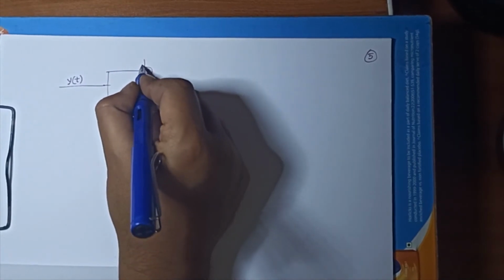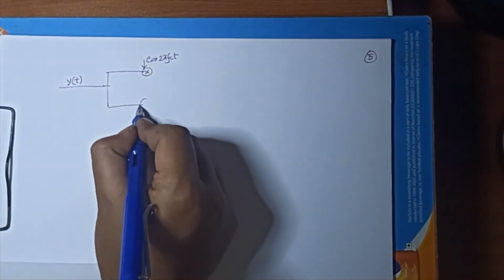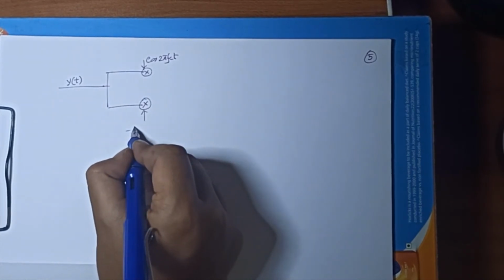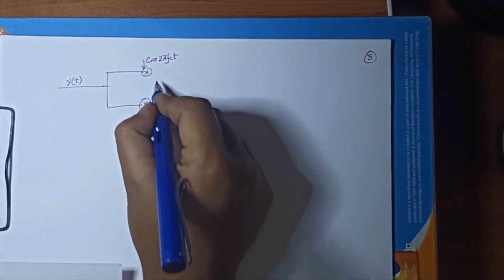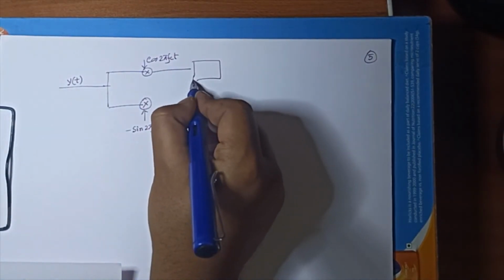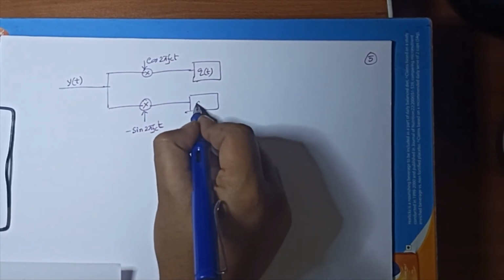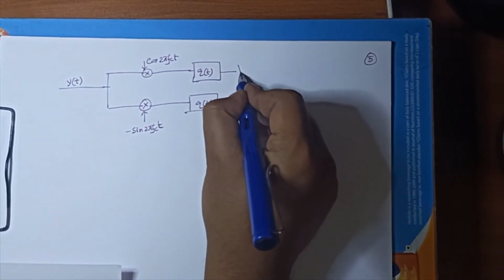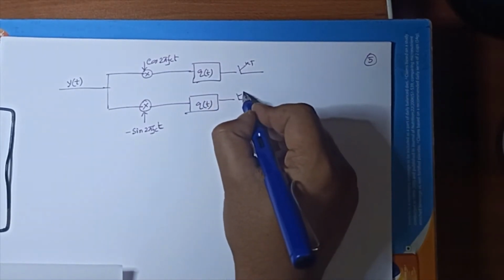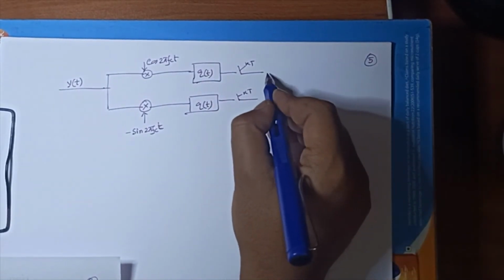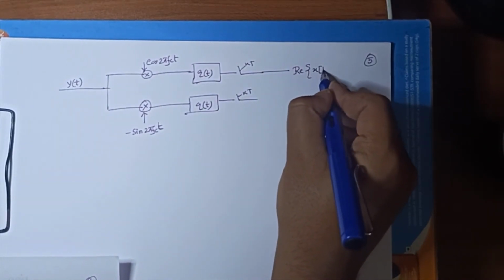multiply with cosine, multiply with minus sine, and then you pass through the matched filter qt, do sampling at kt, and get the real of xk.